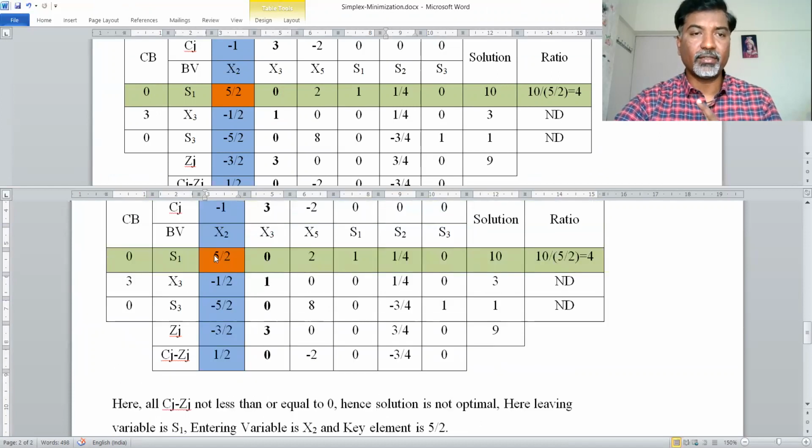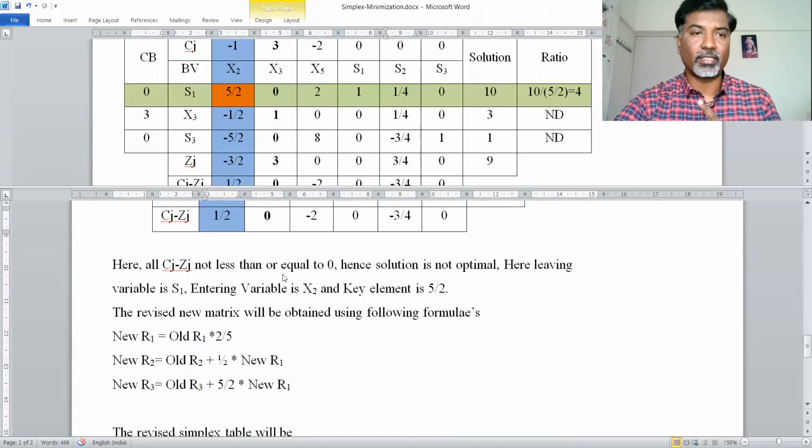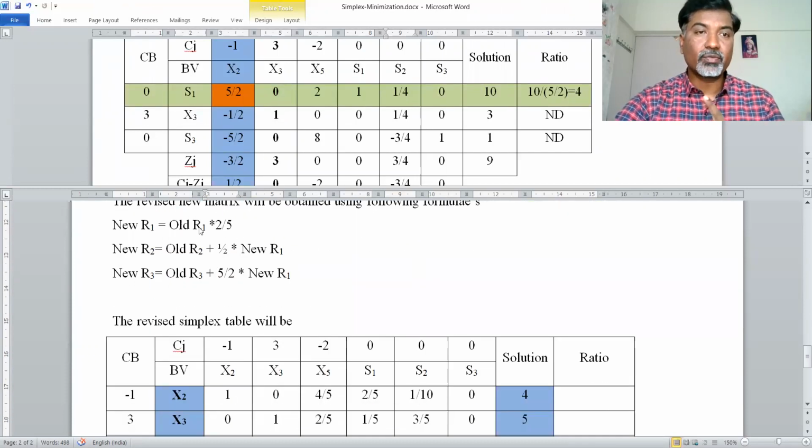As the rule says, we have to make this value 1. What do you have to do? See what changes we are making. We are multiplying the old value of R1; this is my row 1, this is row 2 and this is row 3. So we are just multiplying old R1 by 2 by 5. We have to multiply 2 by 5 to all elements of this particular row up to the solution.